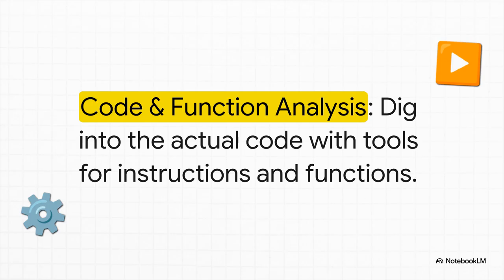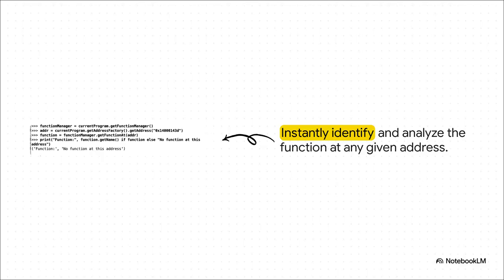And now for the really fun part, digging into the actual code. The API has a super rich set of tools for working with instructions and functions. Gone are the days of manually scrolling around trying to find function boundaries. With just one command, getFunctionAt, you can grab a function object and start programmatically analyzing its contents, its size, its parameters, you name it.